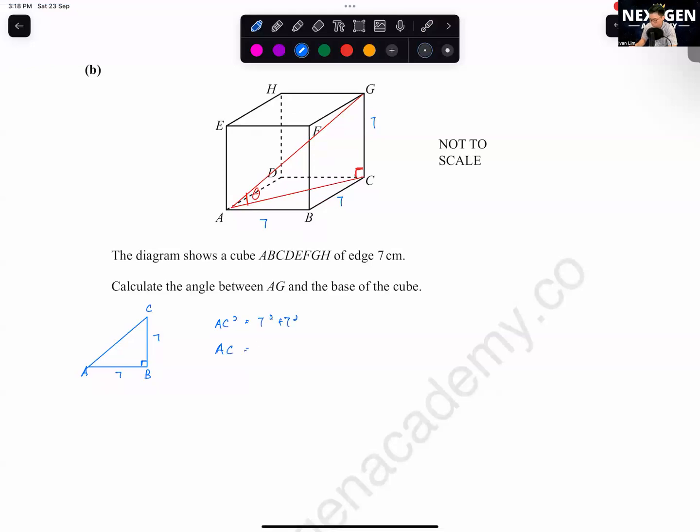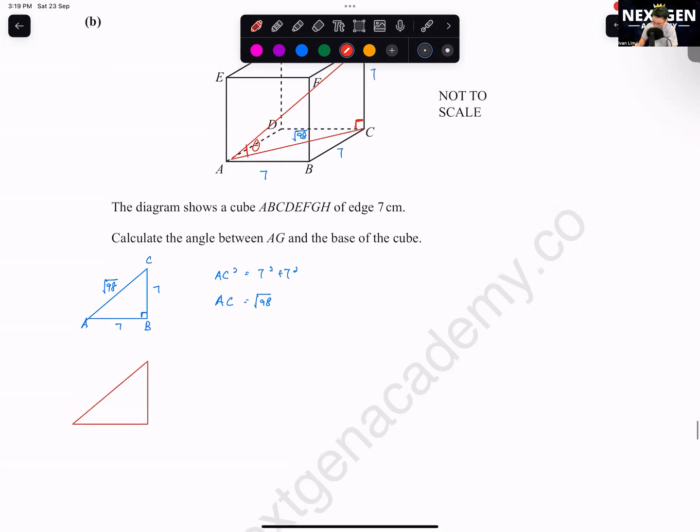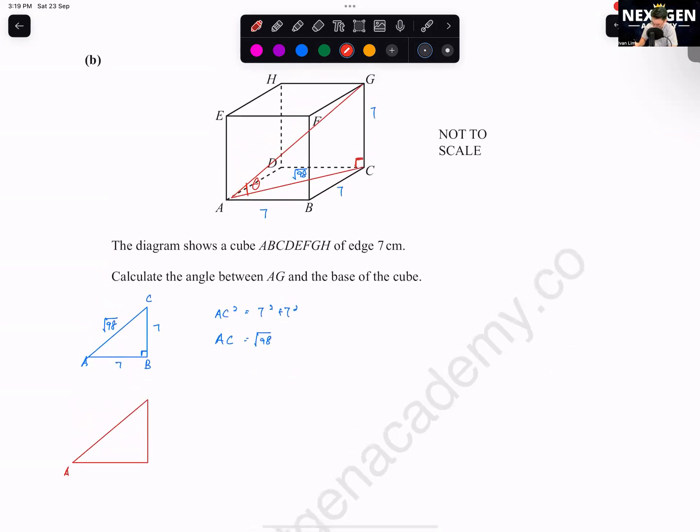AC will be equal to square root 98. I just leave it as square root 98 first, easier for me to count now. Now this red color triangle, ACG. GC is 7.